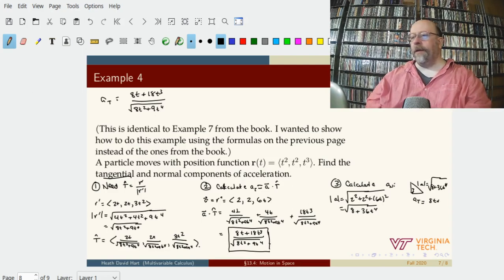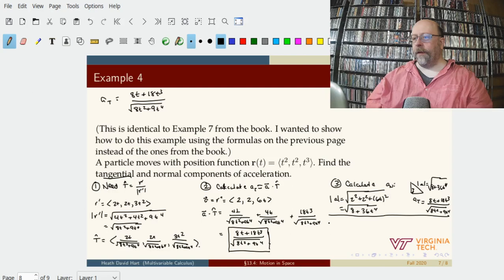8t plus 18t cubed over the square root of 8t squared plus 9t to the fourth. So now we're going to square these and subtract them. So the hypotenuse squared is, just get rid of the square root, 8 plus 36t to the fourth.